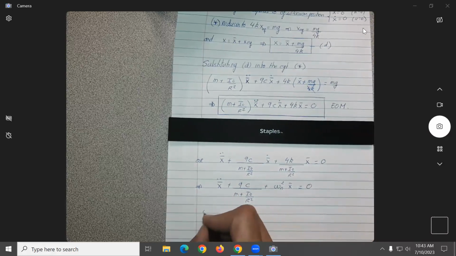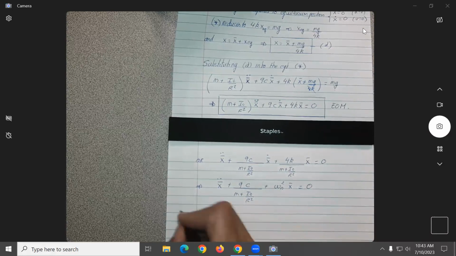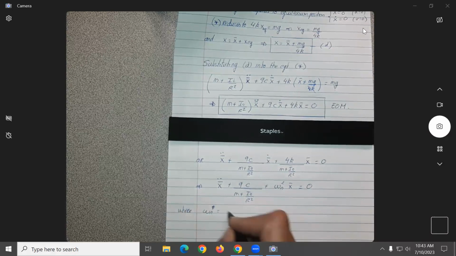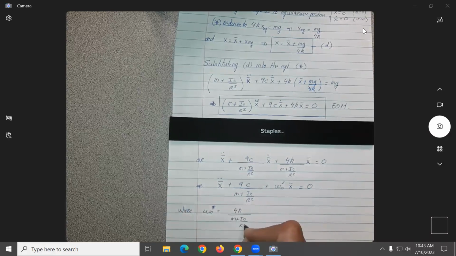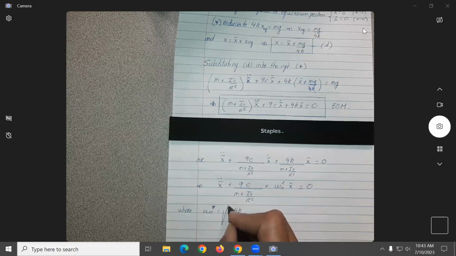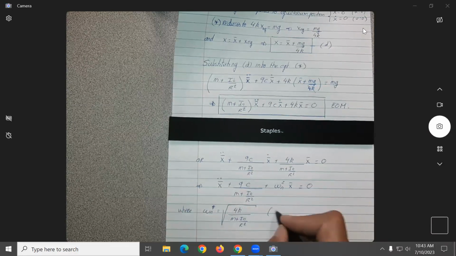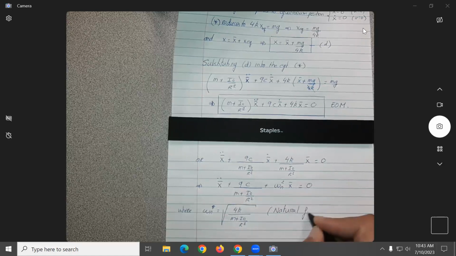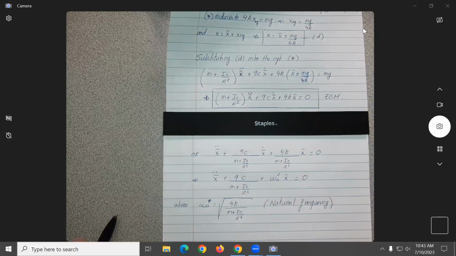So we can say here omega n squared, where omega n will be equal to what? The square root of this one over here. What will be the natural frequency of the system.